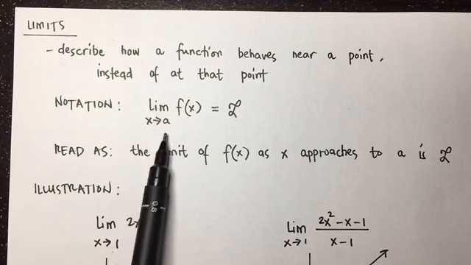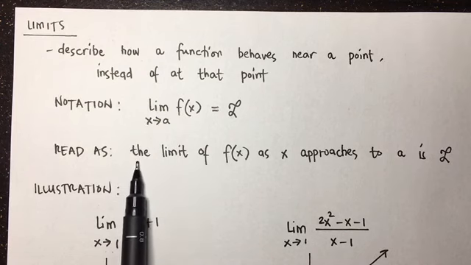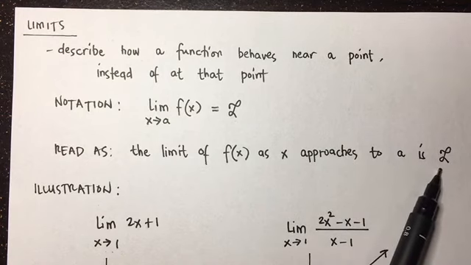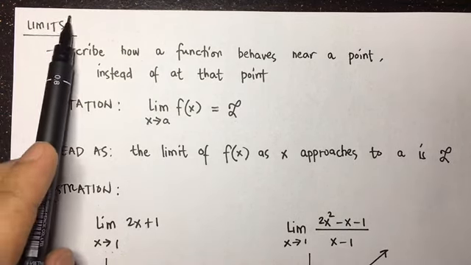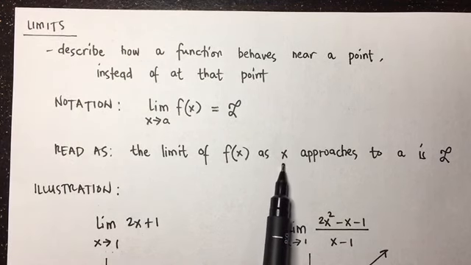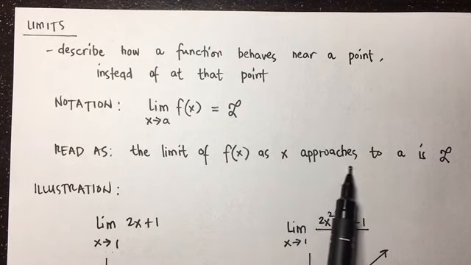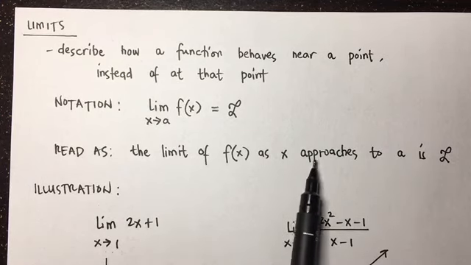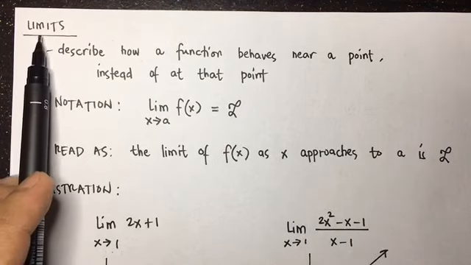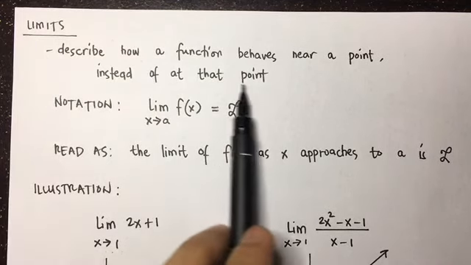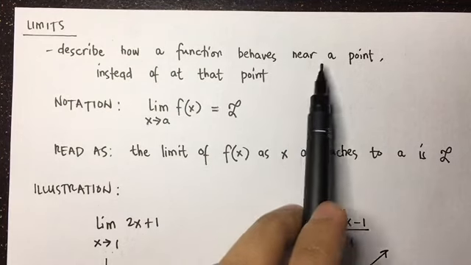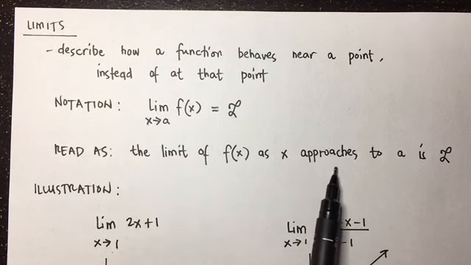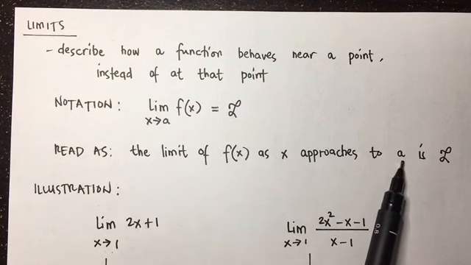It is read as the limit of f of x as x approaches a is L. Notice that for limits we only use the value of x approaching a certain value, not exactly at x equal to a, but as x approaches a. That is what is described here as near a point: what is the value of the function as it goes near a certain value a.